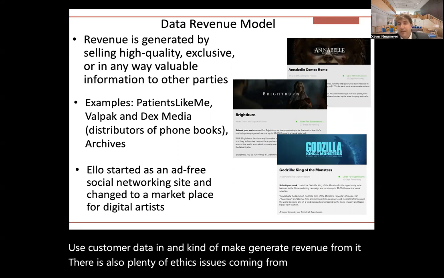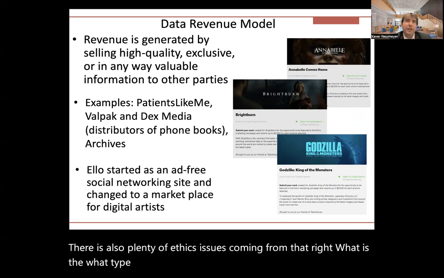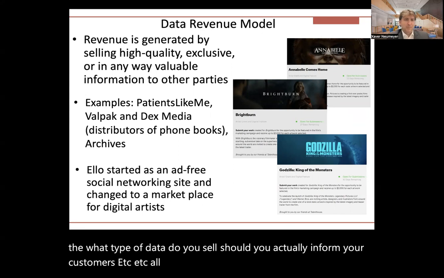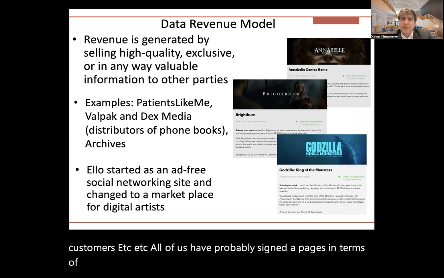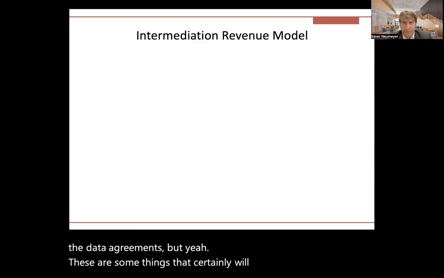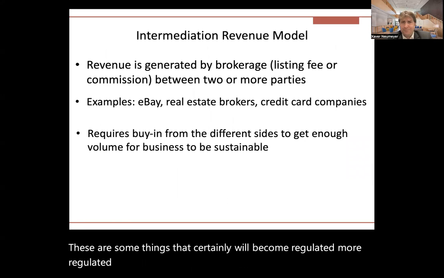What type of data do you sell? Should you inform your customers, et cetera? All of us have probably signed pages of terms and conditions without really reading through the data agreements. But these are things that will certainly become more regulated in the future.